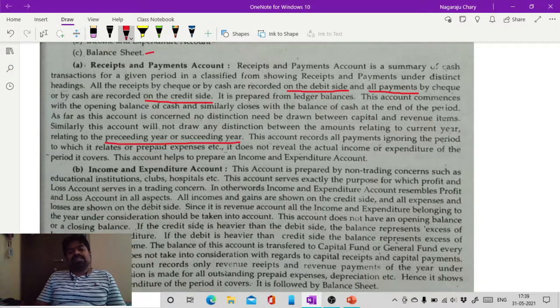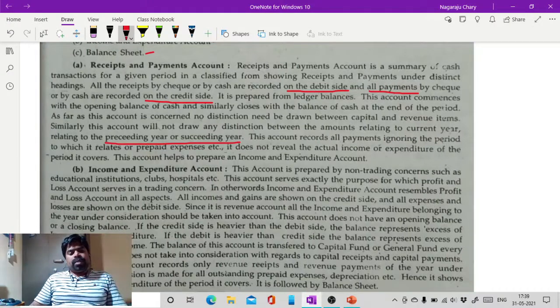The receipts and the payments may be of the preceding year, the current year, or the succeeding year. And one more thing, the transaction may be a capital item or a revenue item, whatever it is.